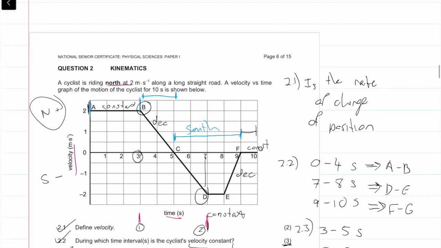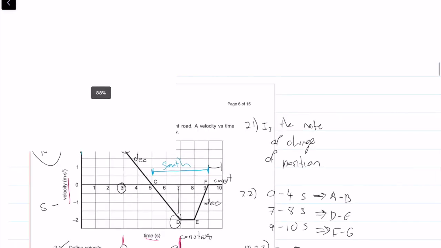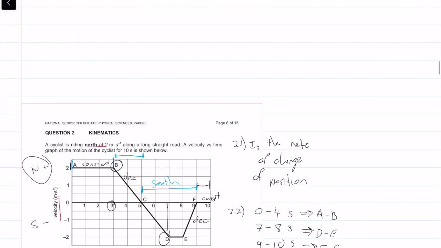Okay, so let me do this question above here. So let me try to link it up nicely. Okay, so we're looking at the position in meters versus time in seconds.